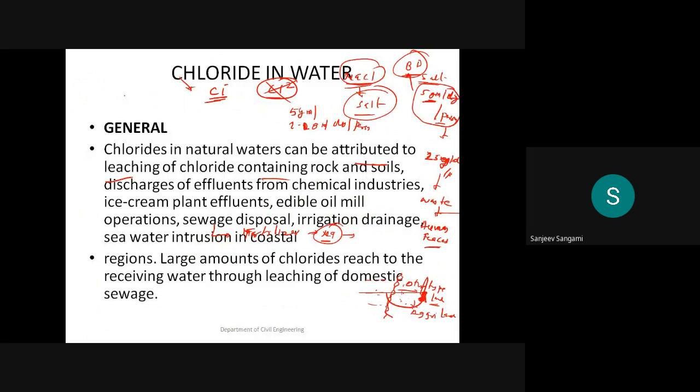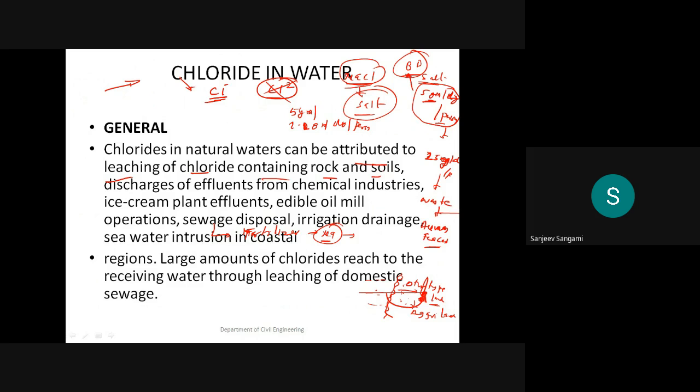Then chlorides. This chloride is a very important parameter because it has its own health significance. Chlorides in natural water can be attributed to the leaching of chloride containing rocks and soils.